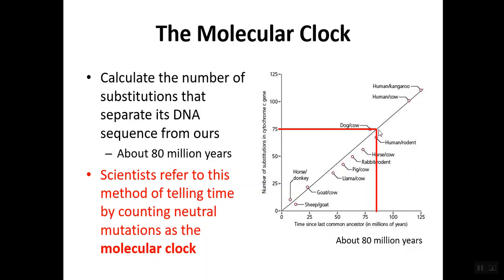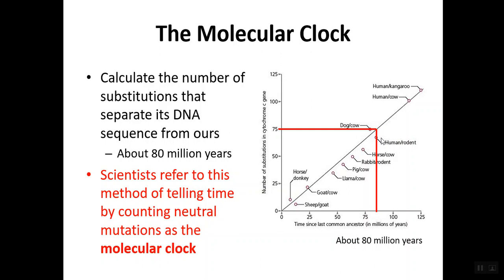By looking at these numbers of substitutions, we can deduce that there's a kind of correlation. For instance, 75 substitutions, 75 neutral mutations, correspond to about 80 million years of split.